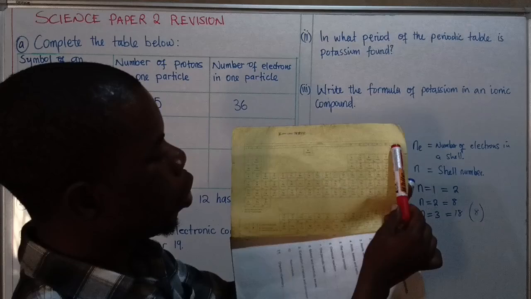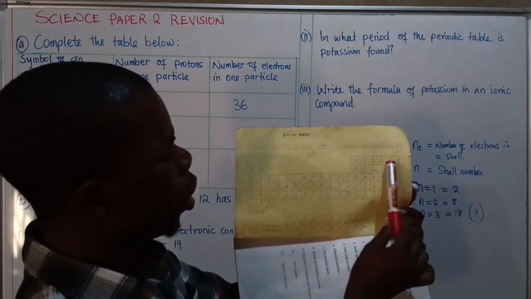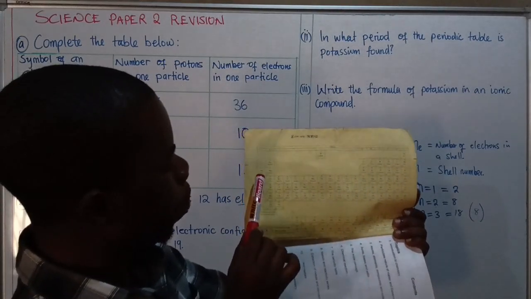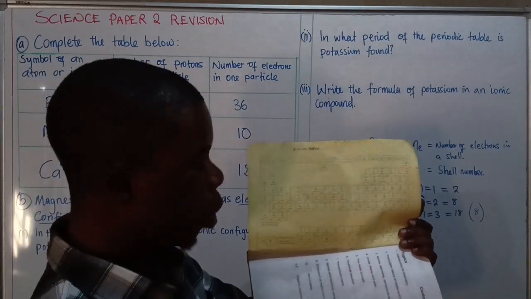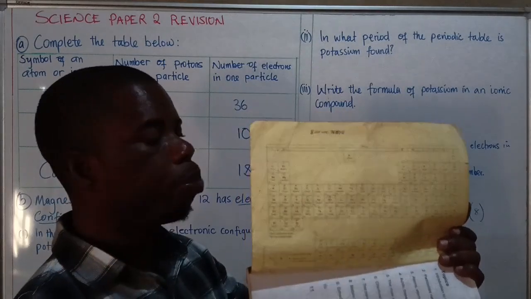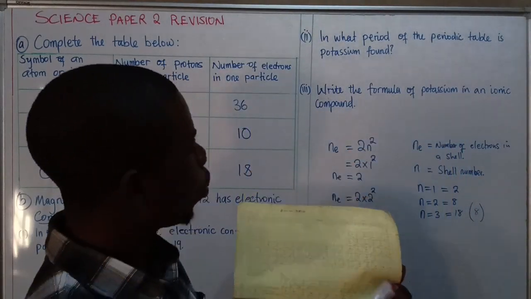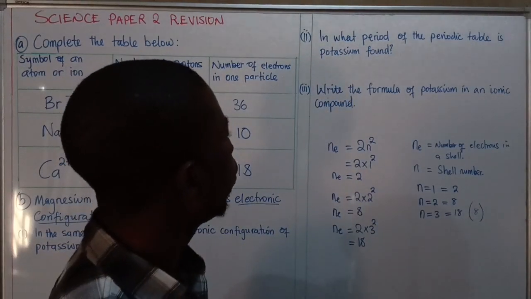The first one is period 1, this is period 2, this is period 3, then this is period 4. So when you check, potassium is somewhere here. It is in period 4. The periodic table is also there in an exam, but we can also get this answer from here.